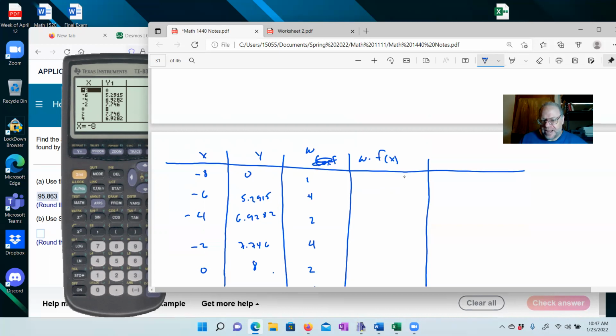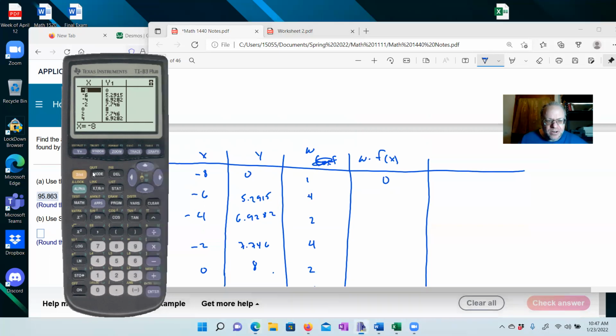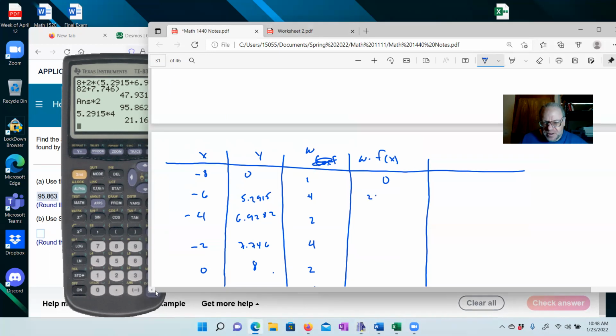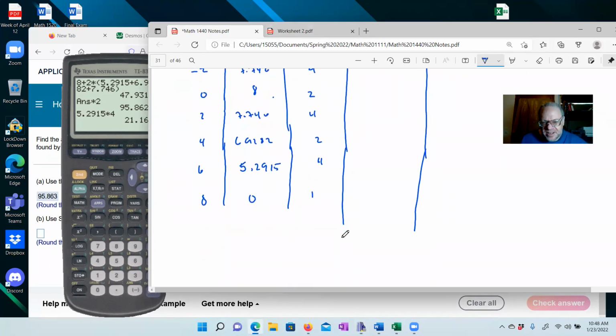So y times the weight is 0. Then we have 5.2915 times 4. And this is going to be 21.166. This was 0. 21.166.